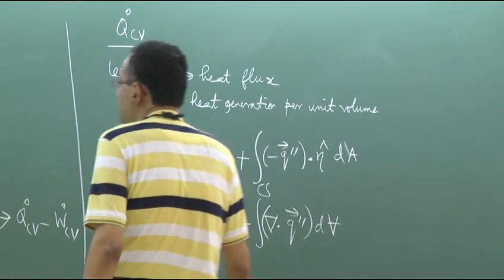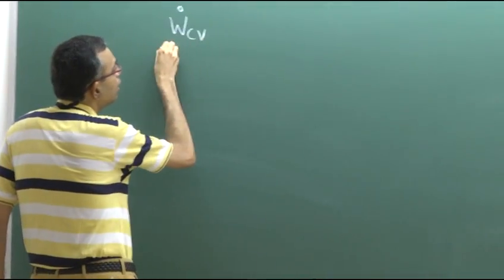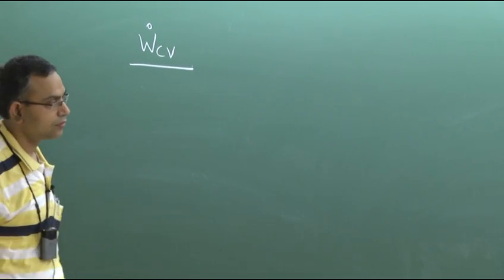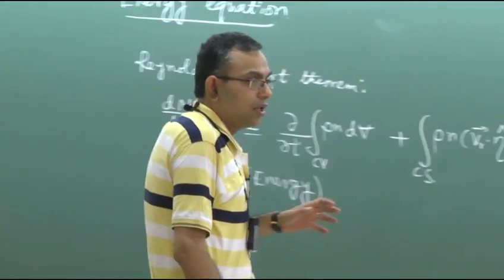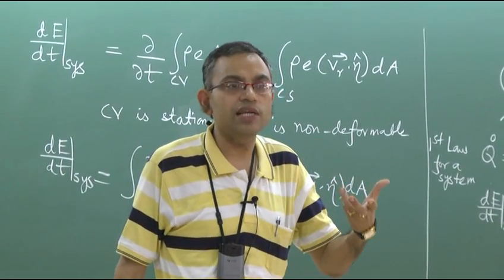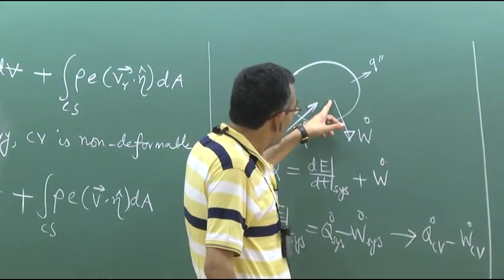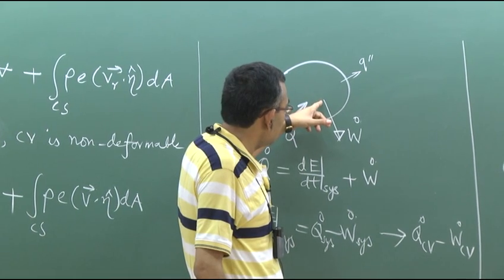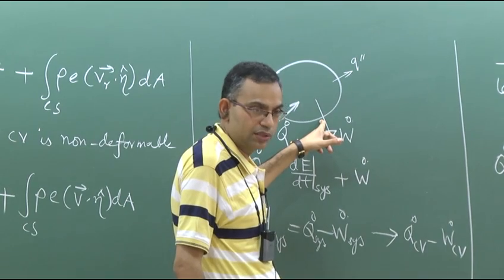Next, let us find out what is the work done. Now, in mechanics when we write work done, we write work done by the force as positive, and in thermodynamics you have work done by a system against a resistance is actually a positive work.